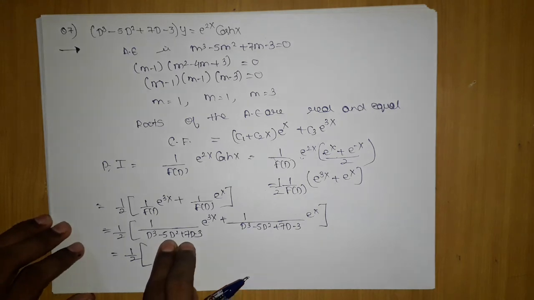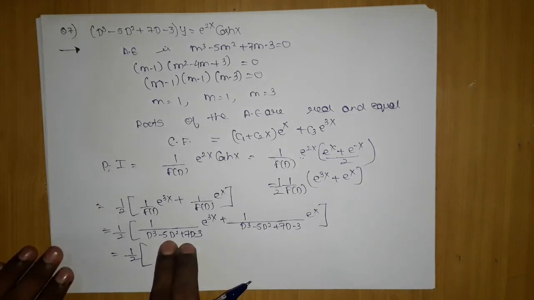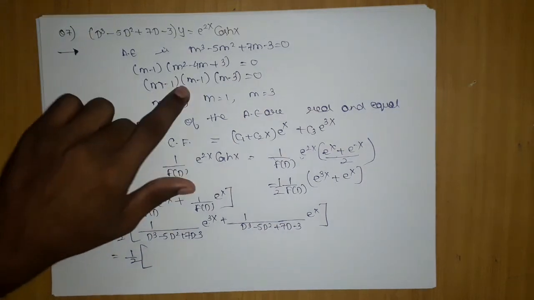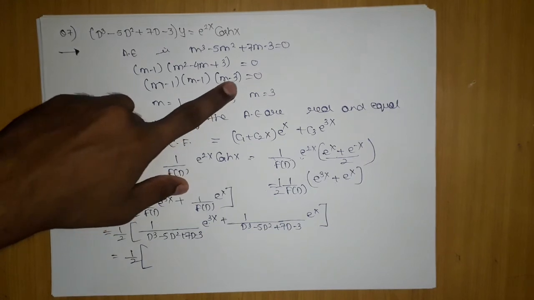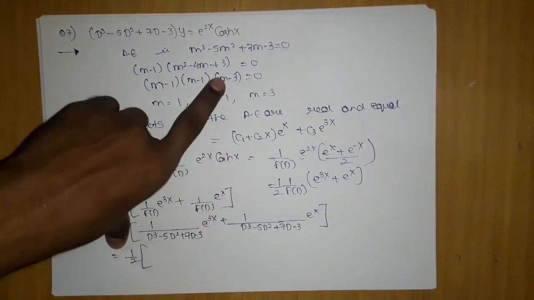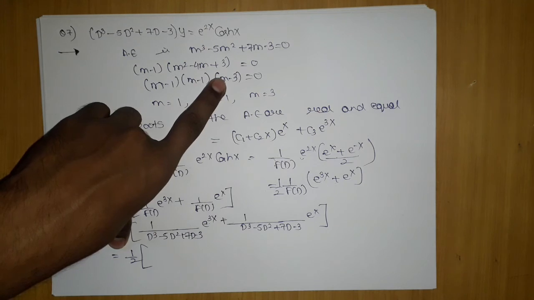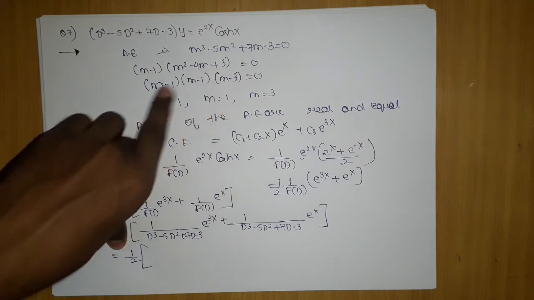Okay, we can do one thing. We know its roots are 1, 1 and 3. So if we substitute 3, it is going to be 0 for sure. That is confirmed. You can make it out from here that it is going to be 0 by observing the roots.